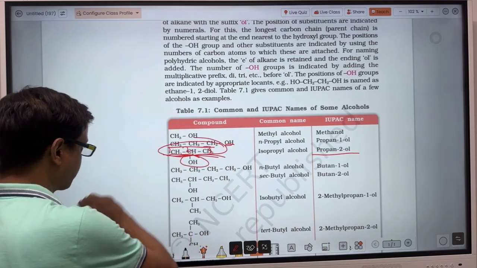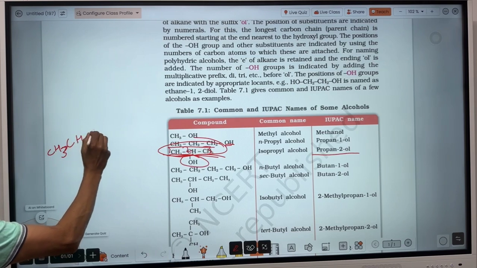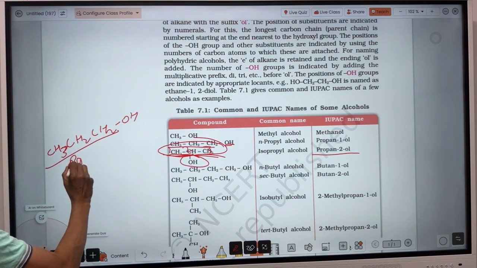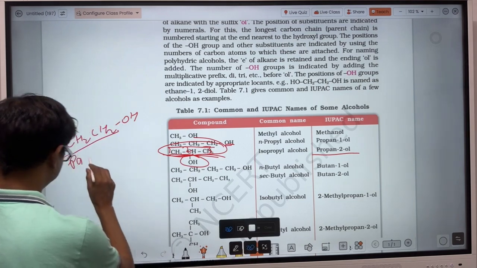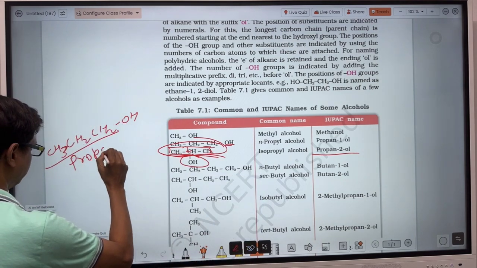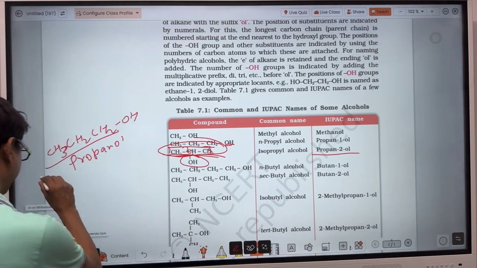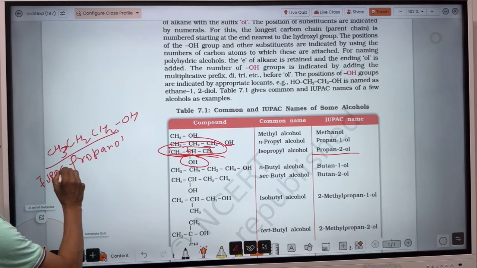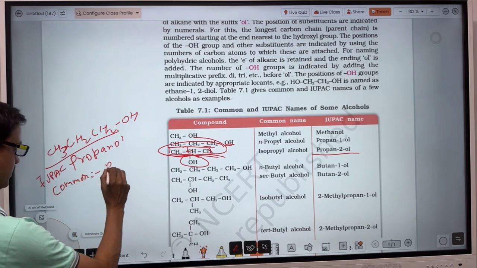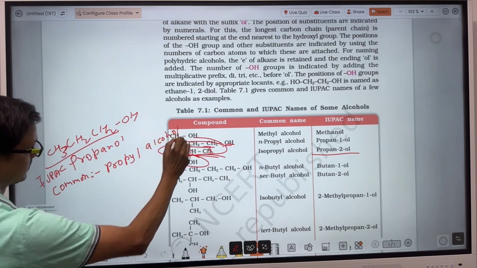And for the common name, if this would be the compound, simply we would call it propanol as the IUPAC name, and in common name we write propyl alcohol.